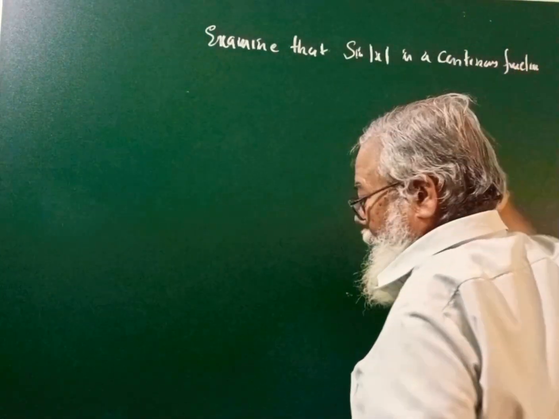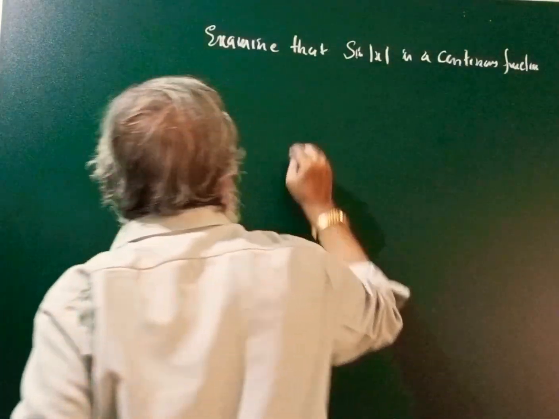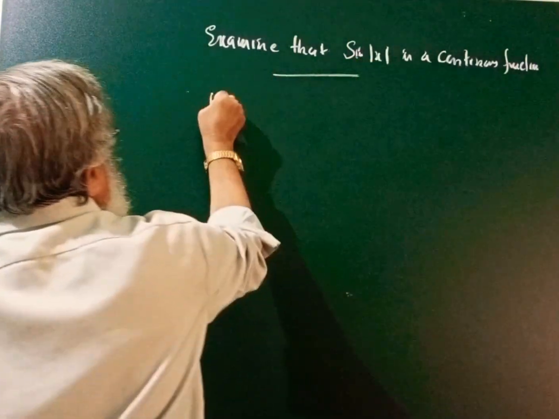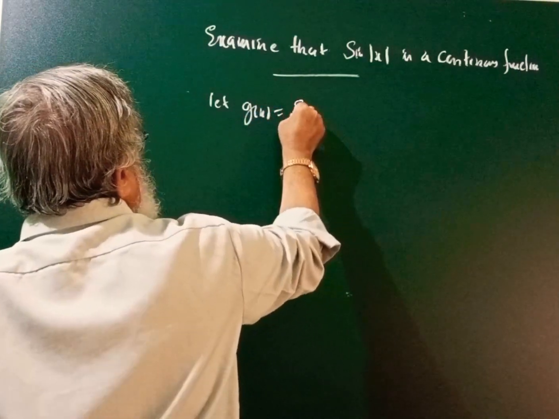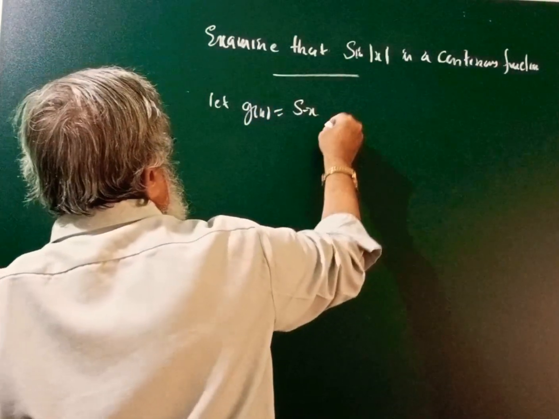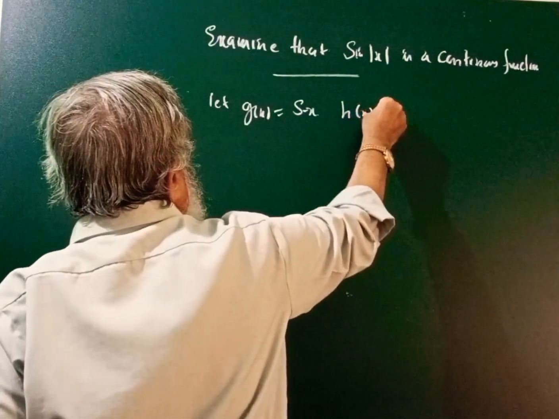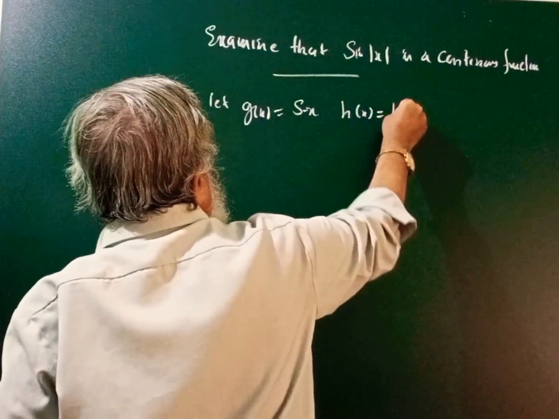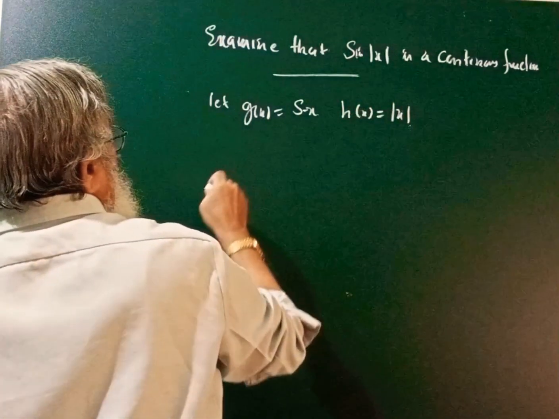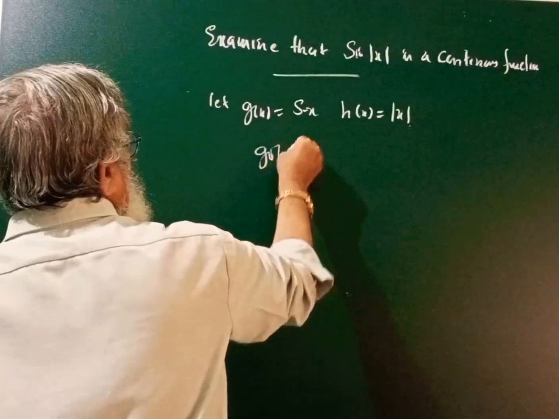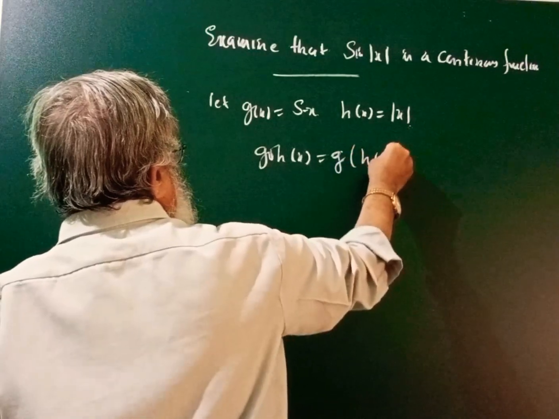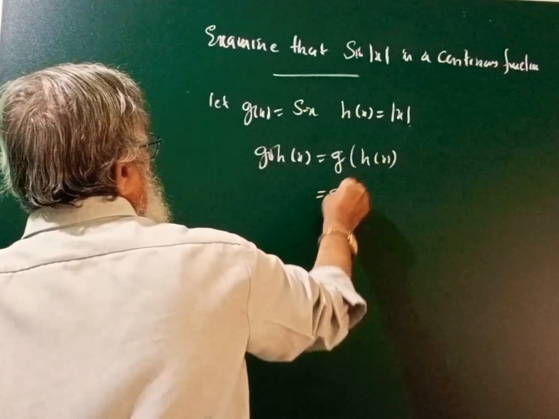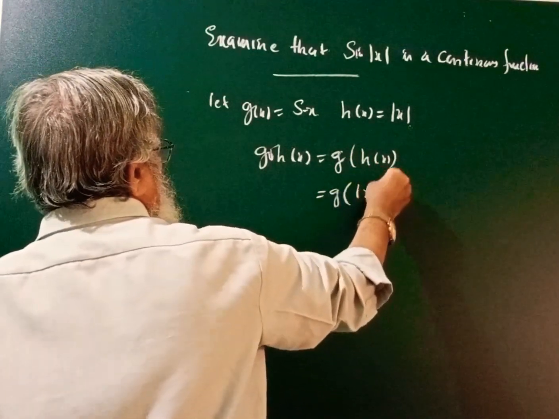Again we follow the same procedure. Let us suppose g(x) is equal to sine x, and h(x) is equal to mod x. Now g of h of x is g of mod x.